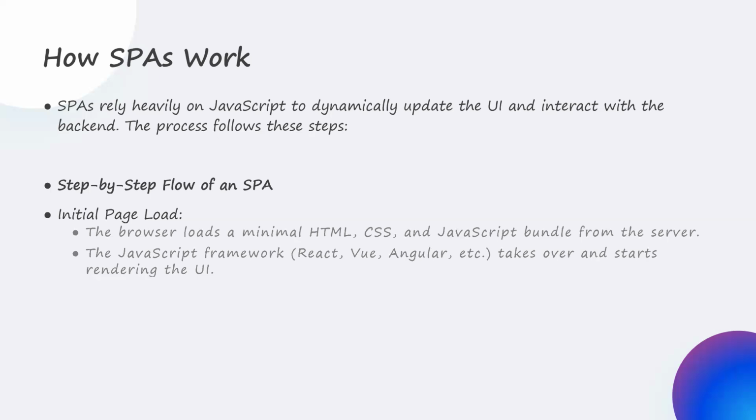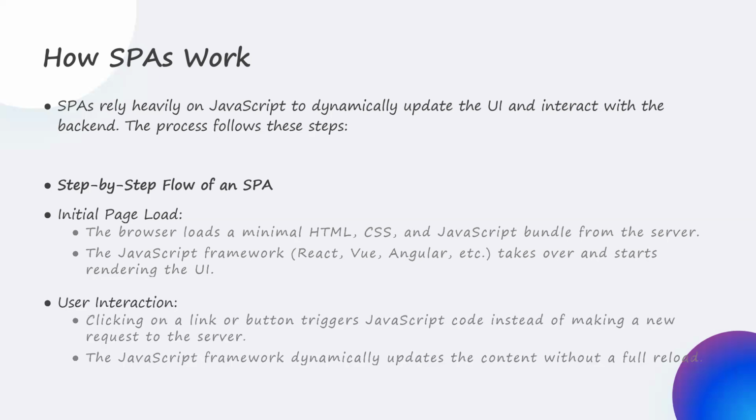So then a JavaScript framework like React will now take over and start rendering the UI. When you load the website for the first time, the browser will load everything that is needed, the HTML, the CSS, and the JavaScript bundle. Then React will now take over to render the UI.